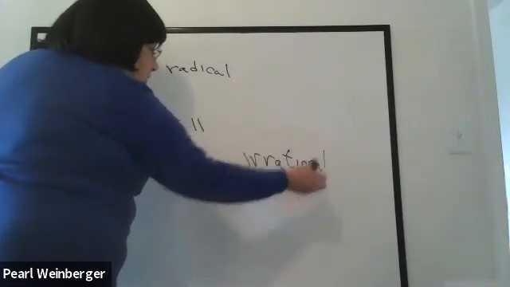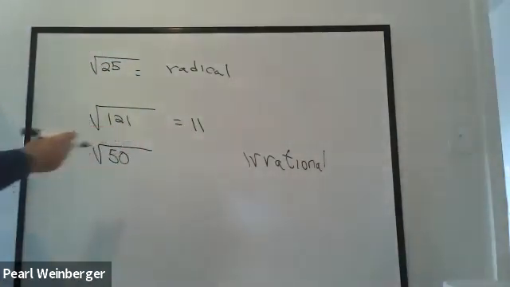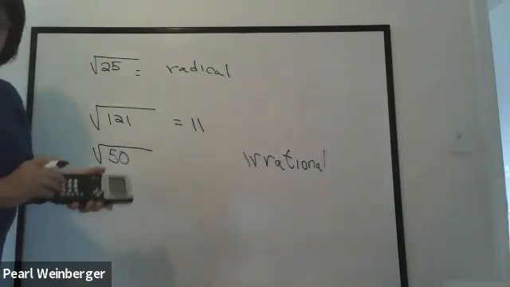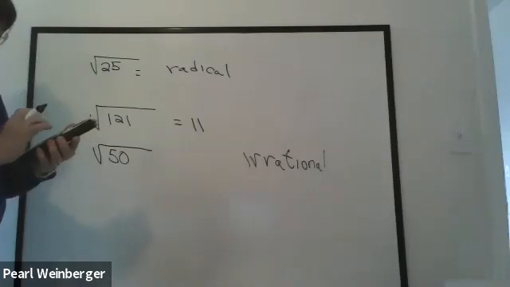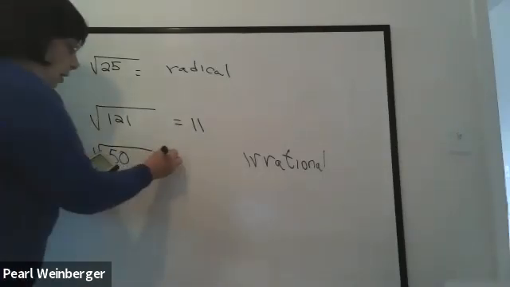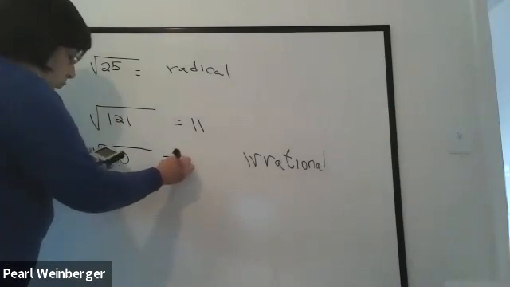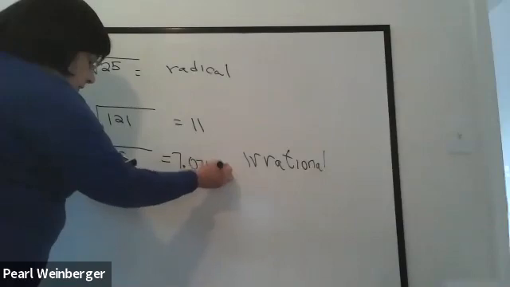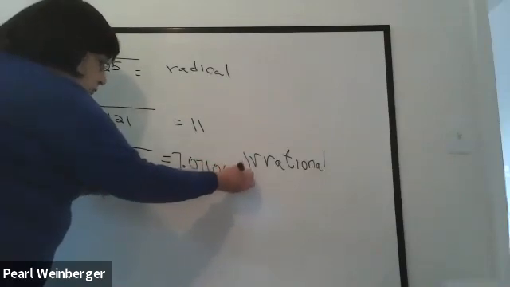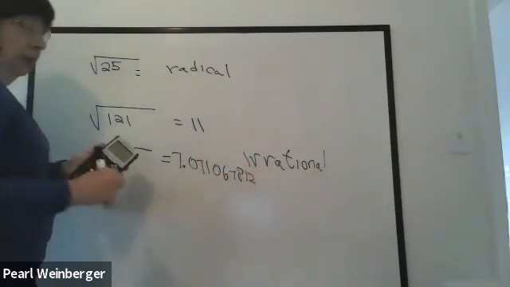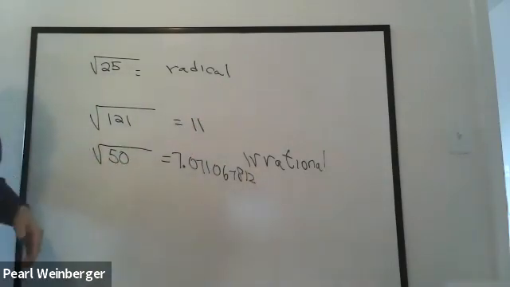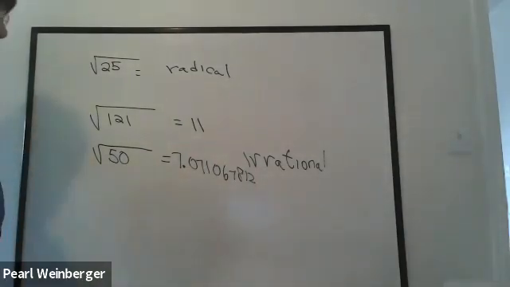What does that mean? Well, if I go to my calculator, which I'm doing right now, and try to figure out the square root of 50, I get, on my calculator, 7.0710678 12. It's a very long decimal with no pattern to it.